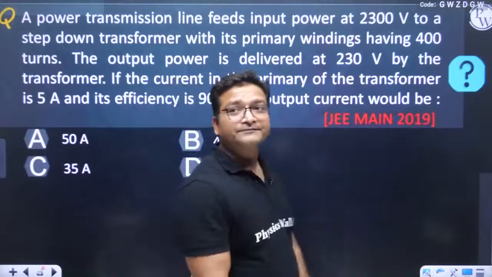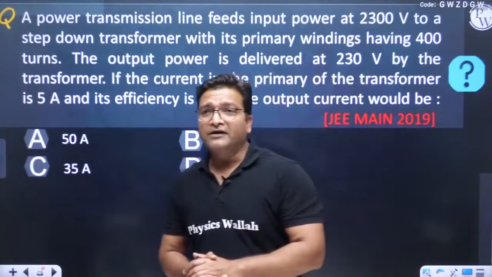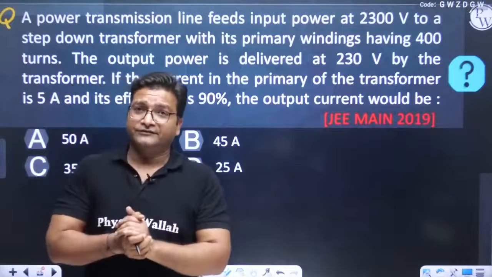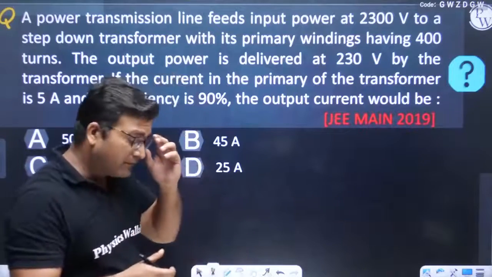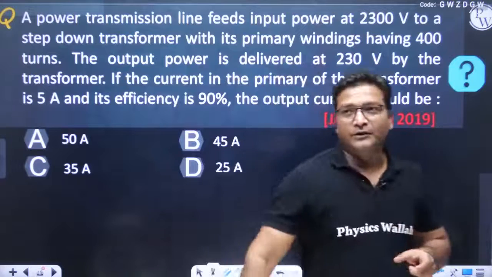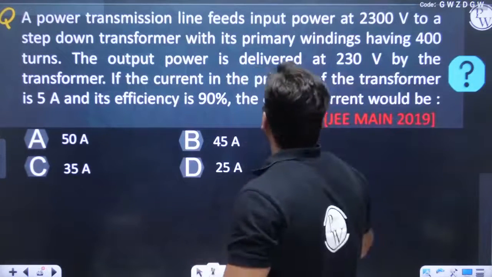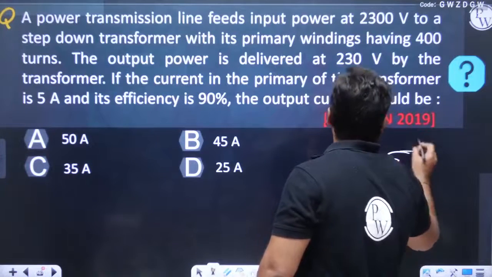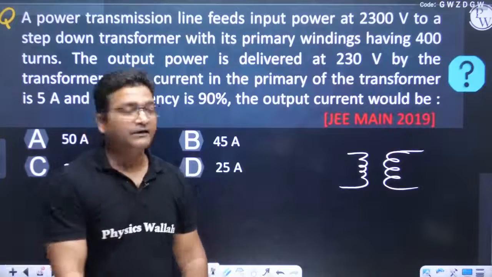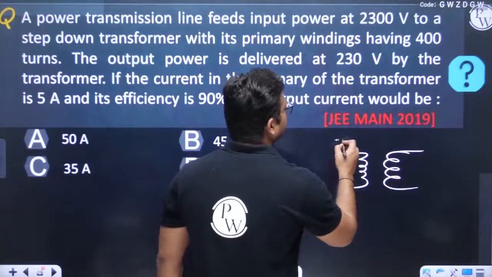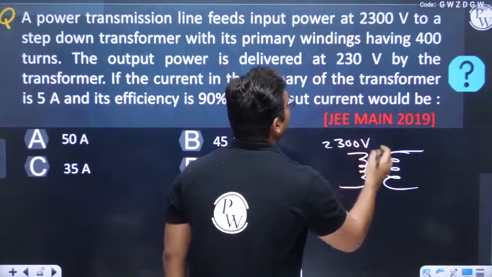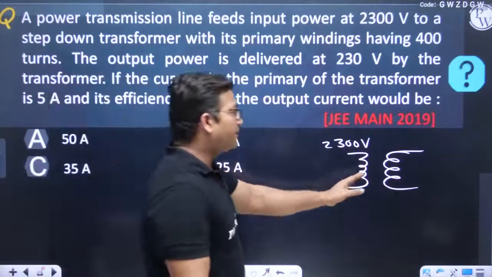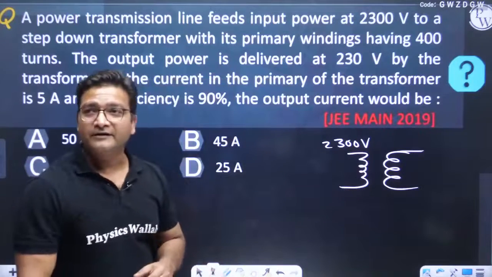Let's talk about this one. Here we have a power transmission line, and the input voltage is at 2300 volt. We have a transformer here, and this is a step down transformer, meaning the number of turns are decreasing on the secondary side.